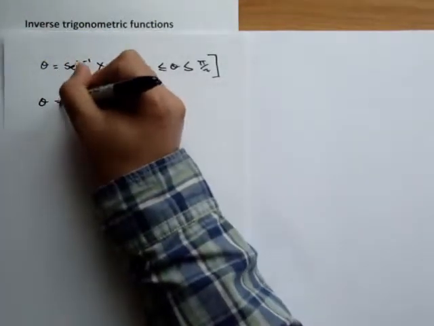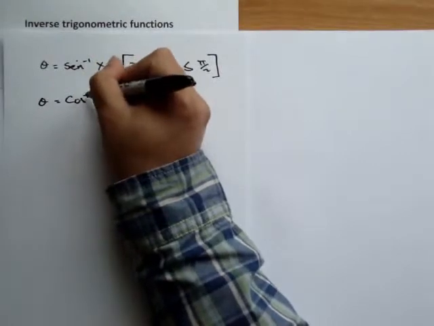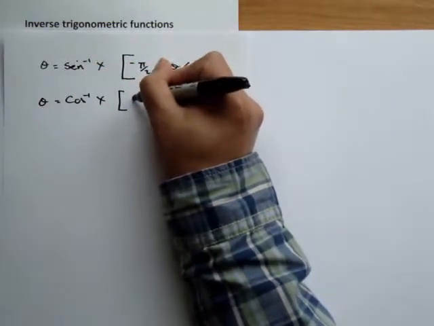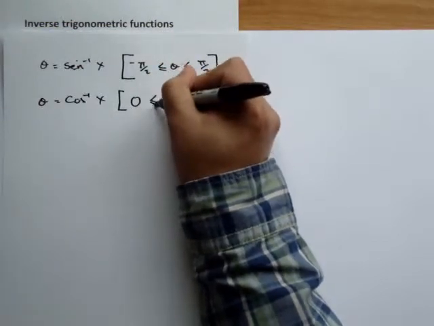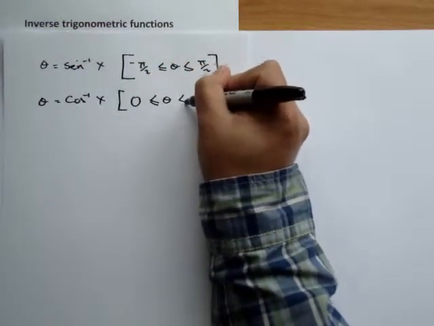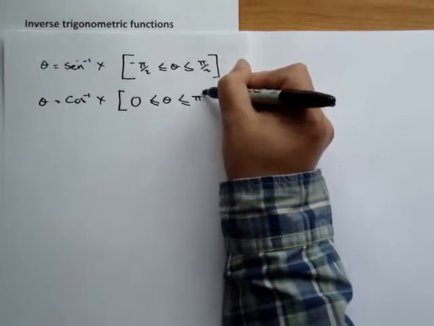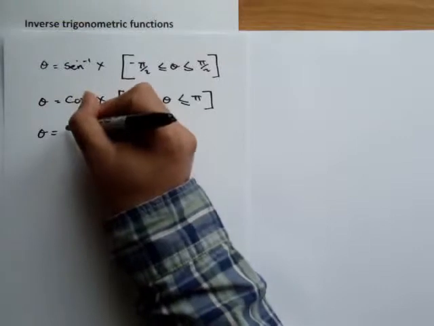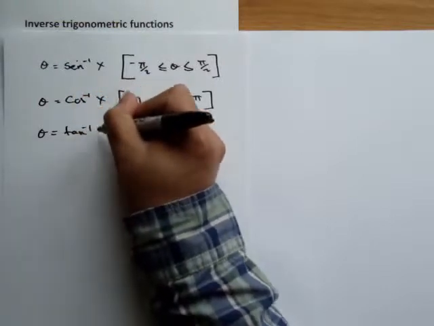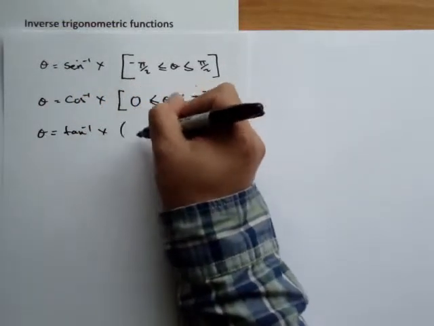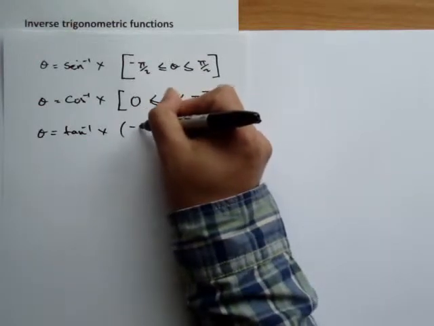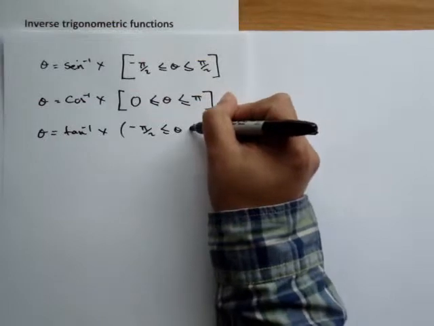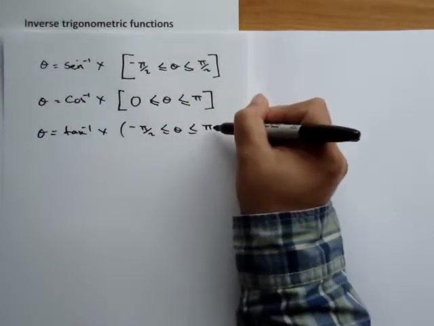For theta equals inverse cos, we restrict the domain from 0 to pi, and for theta equals inverse tan, we restrict the domain to minus pi over 2 to pi over 2.